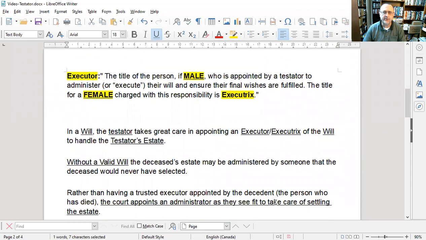So rather than having a trusted executor appointed by the decedent, which is the person who has died, the court, without a valid will, appoints an administrator as they see fit to take care of settling the estate.